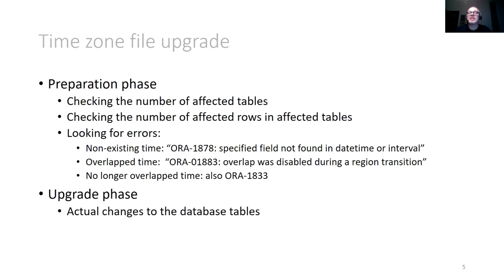So from the same UTC time that is currently stored on disk, when this rule changes, the local time that you will see after the upgrade will be a different one if the given value was affected by the change. If it was not affected by the change, you will see the same local time. However, if it was affected by the change, you will see a different time.